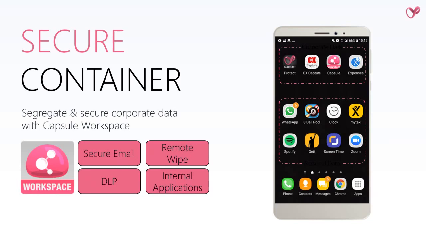Using this Capsule Workspace, you can separate the business related applications from your personal applications. Even if any user tries to open the mail which you received on the Capsule Workspace in the Outlook client, it won't work, because if the official mail is opened in personal Outlook or something, it will lead to data loss.